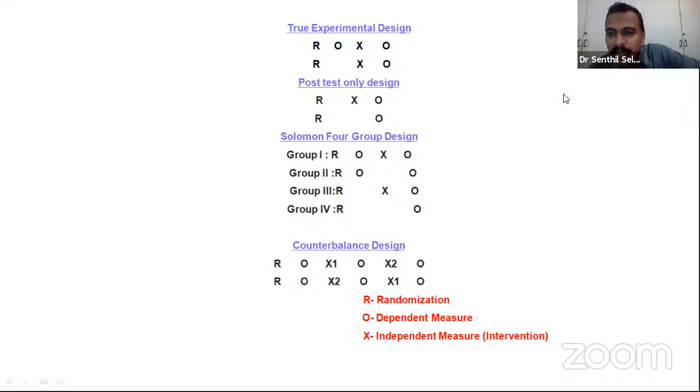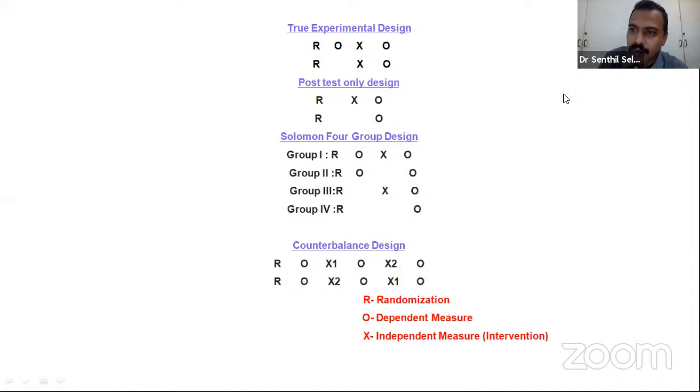Okay, next the counterbalance design, which has got a randomization. After randomization, we are going to pre-test, and we are going to give a treatment A, and again we are going to take the outcome measure, and we are giving treatment B, and again we are going to check the post-test measurement. So what is the difference between the 2 steps and the counterbalance test?